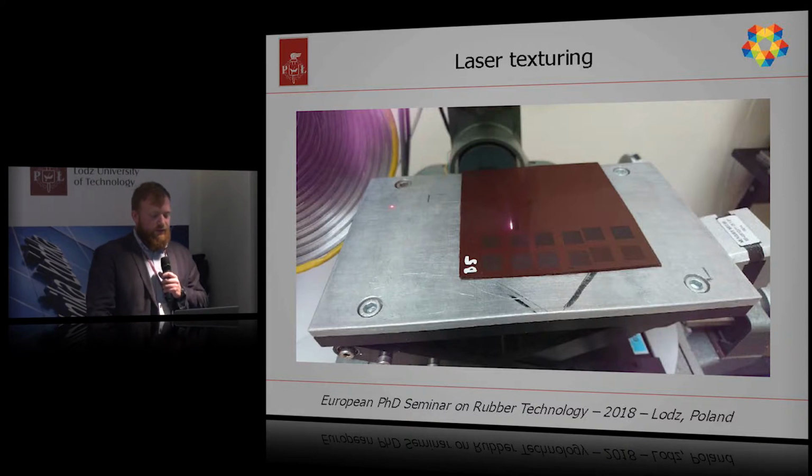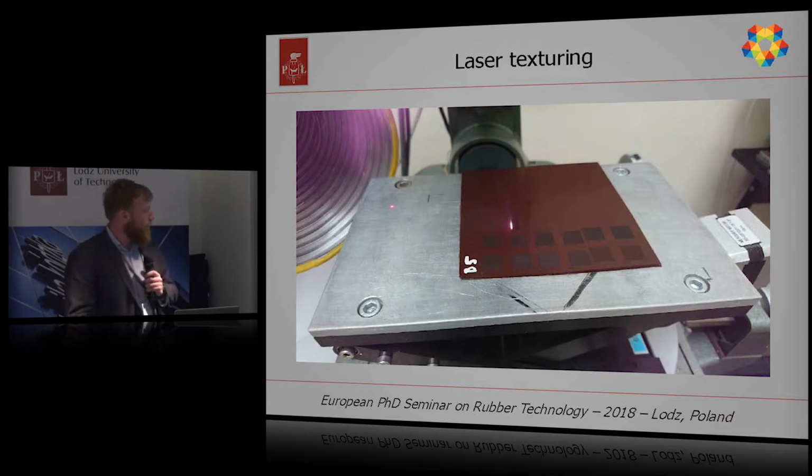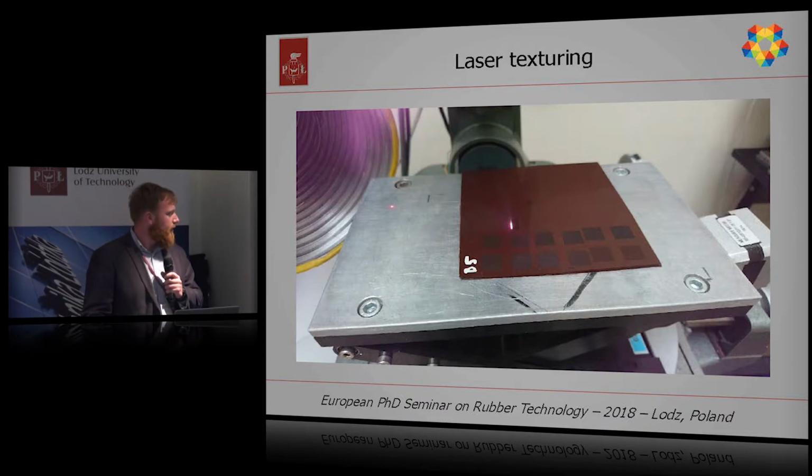In less than 10 seconds, we've got four textures, 4 square centimeters, and in this sample we have 400 and 600 millimeters per second, and as I said before, we can turn it up to 15,000 millimeters per second.